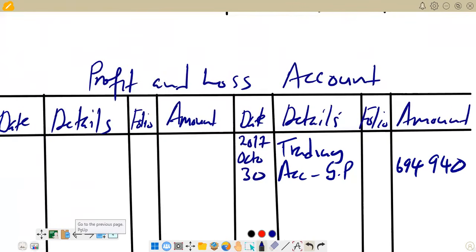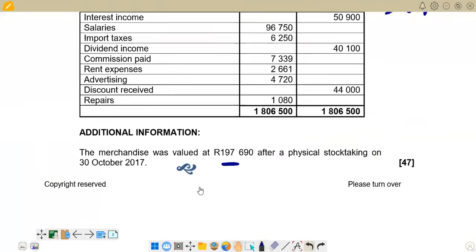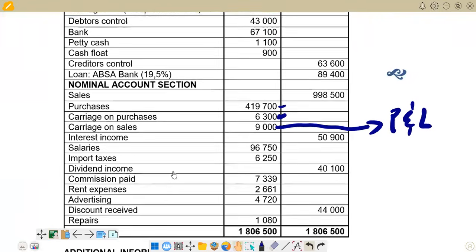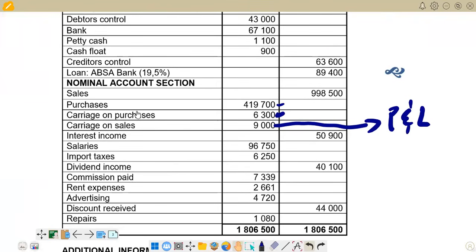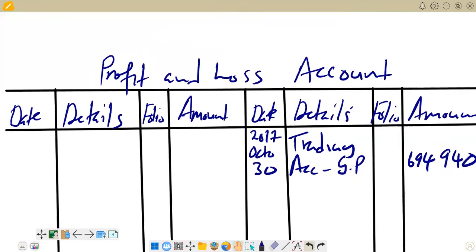Then we go back to check other items that we should include in the profit and loss. So we are just going to the nominal account section here, and pick all the figures that should be in the profit and loss. We start here with sales, trading, purchases, trading account, carriage on purchase, trading account. Then we've got carriage on sales. Remember, carriage on sales, we said we are posting into the profit and loss. It's an expense. So we are going to the debit side of the profit and loss, and then we are going to put our carriage on sales.